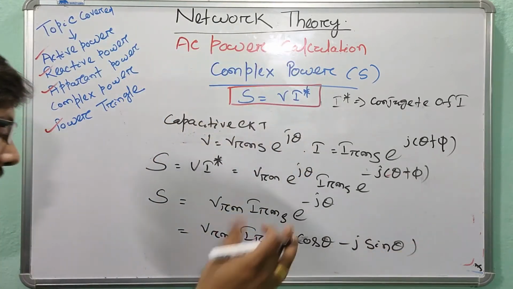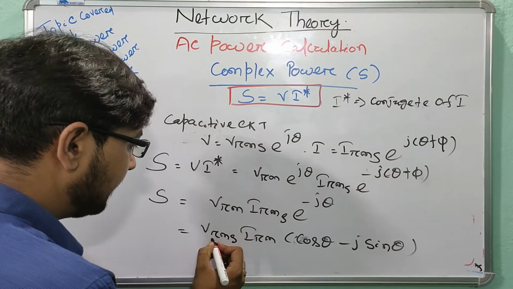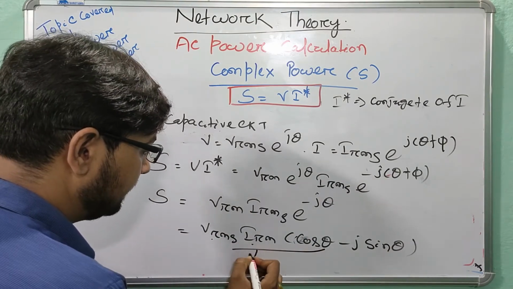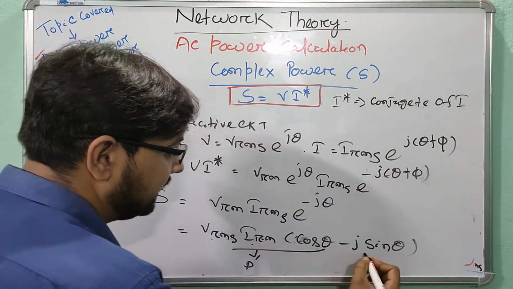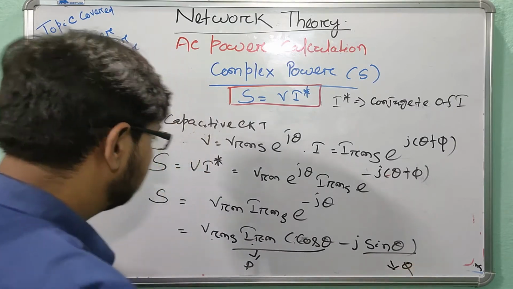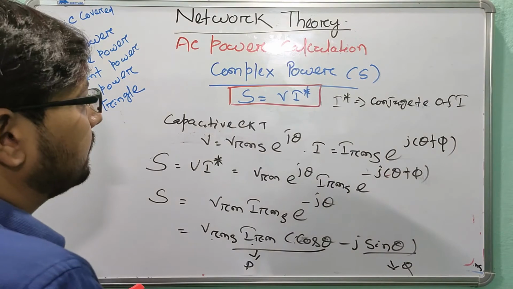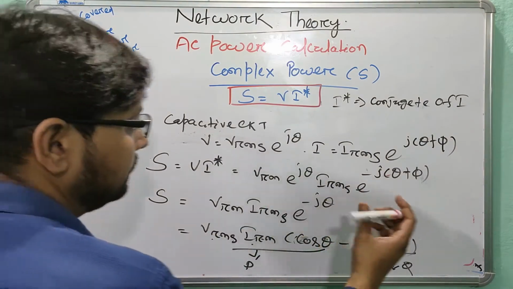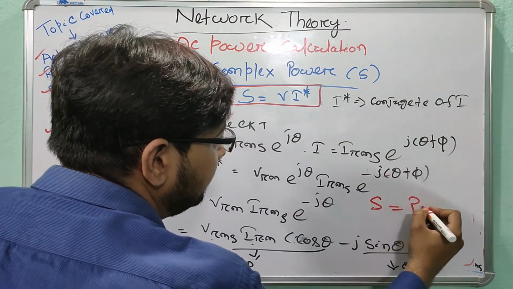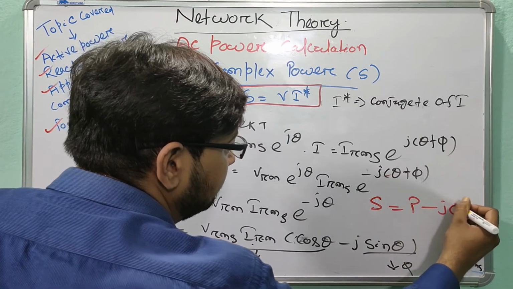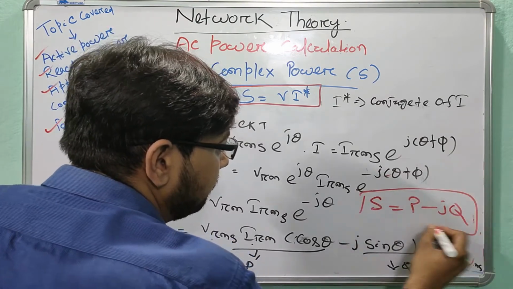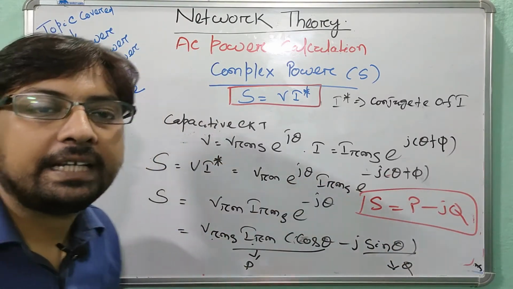So for that, Vrms Irms cos phi is the P and Vrms Irms sin phi is the Q. So for a pure capacitive circuit, what is my complex power value? S is equal to P minus jQ. So this is the complex power expression of a capacitive circuit.